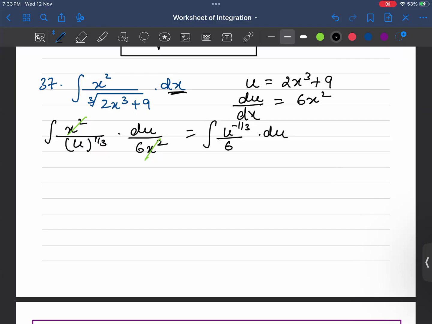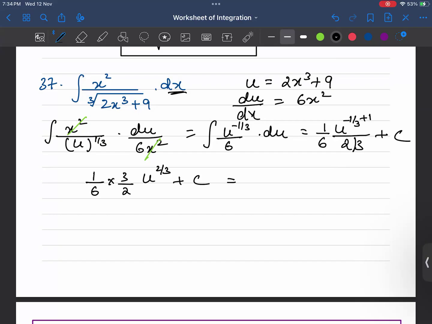While integrating, we can bring the 1 upon 6 out and you will get 1 upon 6 u power 1 by 3 plus 1, which is divided by 1 by 3 plus 1, that is 4 by 3, plus c. At the time of solving it further, I will write 1 upon 6, 3 upon 4, u power 4 upon 3 plus c.